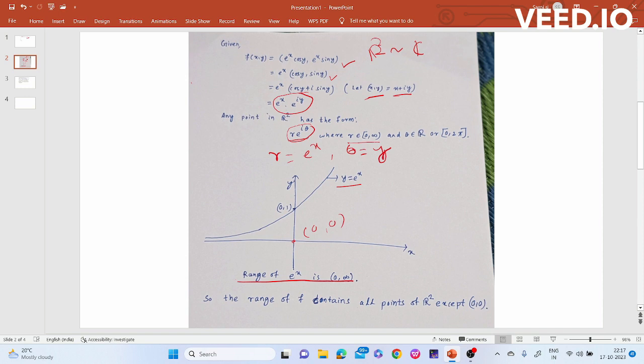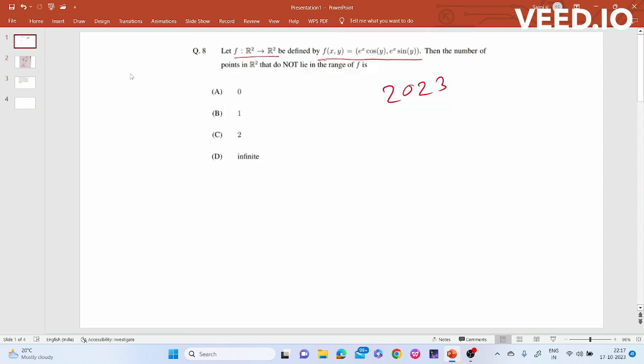So we can cover all the points except the origin 0, 0. So the range of this function does not contain one point. Then what will be the answer of this question? The answer of this question will be B. Option B is true, because in this question the range of the function does not contain only one point, and that point is 0, 0.